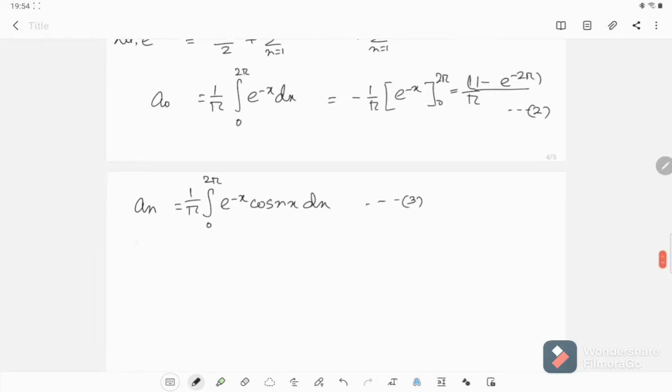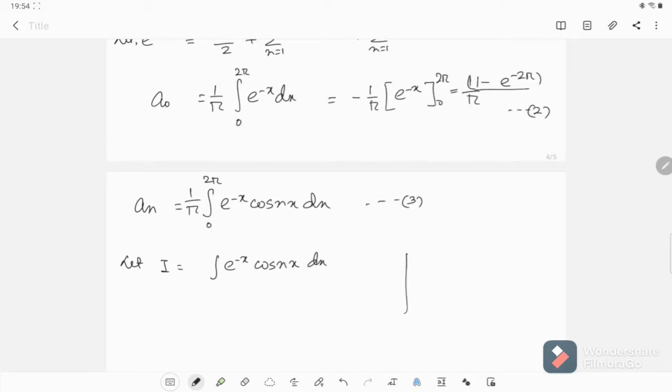Now let I be equal to the integral of e to the power minus x cos of nx dx. I am omitting the limits here, and to solve this integration I am letting that I is equal to this.